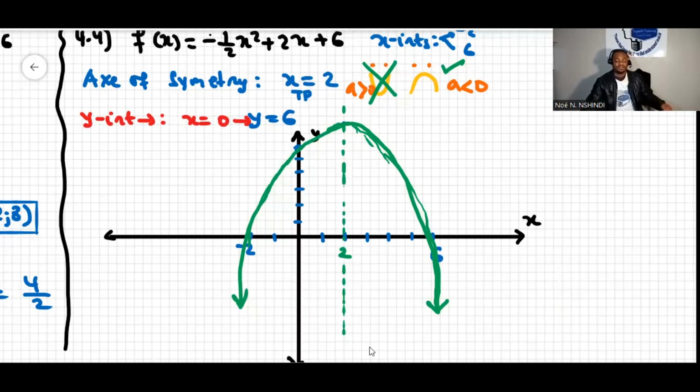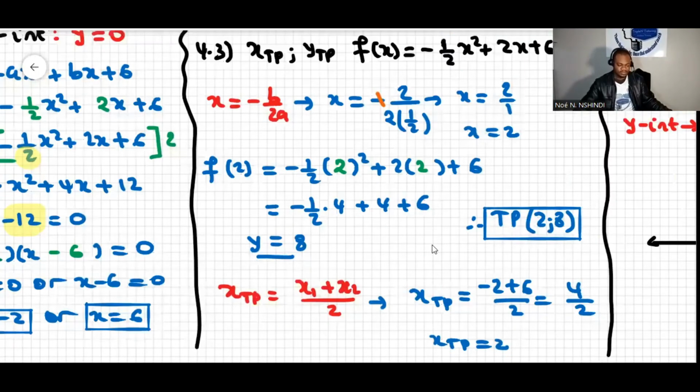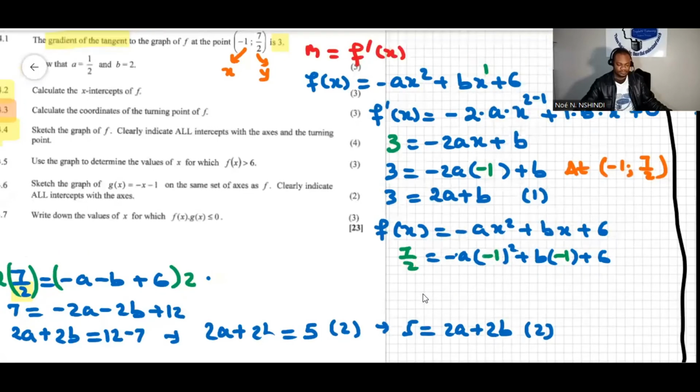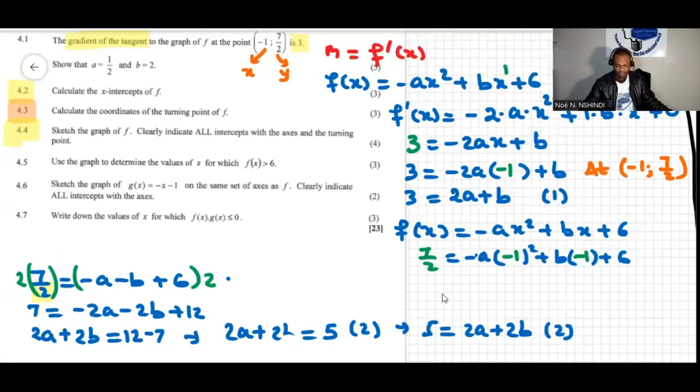Okay, and now we have another question here, question 4.5. What does it say? Question 4.5 says: use the graph to determine the values of x for which f of x is greater than 6.